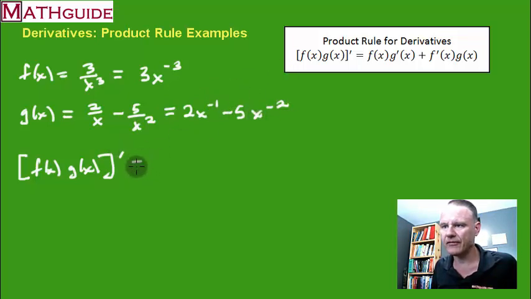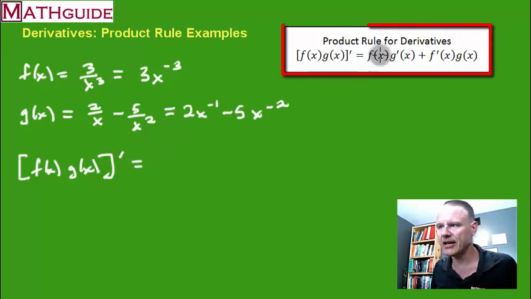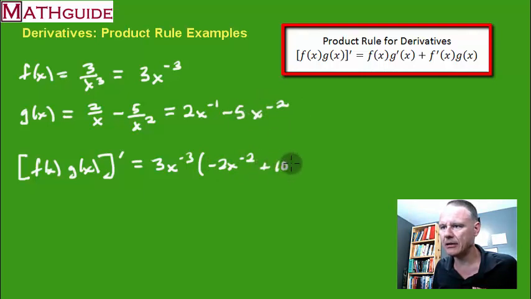Okay, so if I'm going to find the derivative of this, what does it say? You take f, here's f, times g prime. So if I take the derivative of this, it's going to be a negative 2x to the negative second, just using the power rule. Taking the derivative of that is going to be a 10x to the negative third.